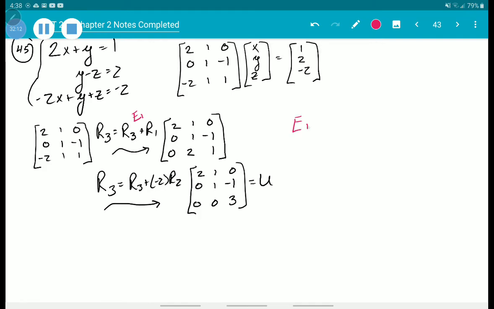So our E1 matrix is that. And our E2 comes from that second row operation. And it's that.